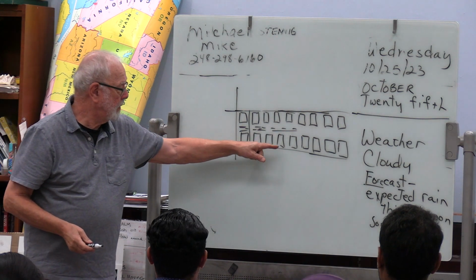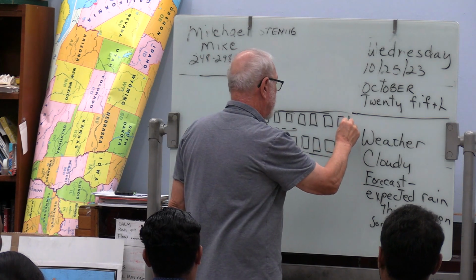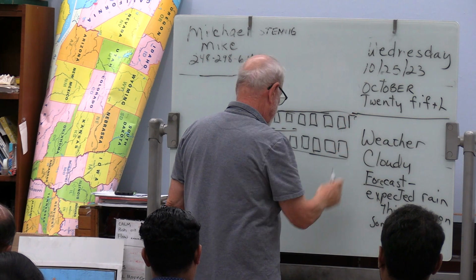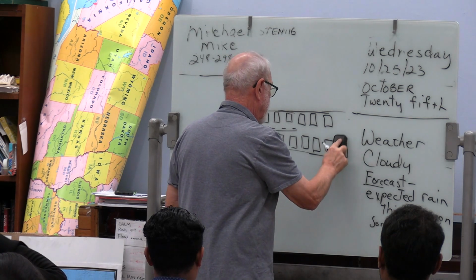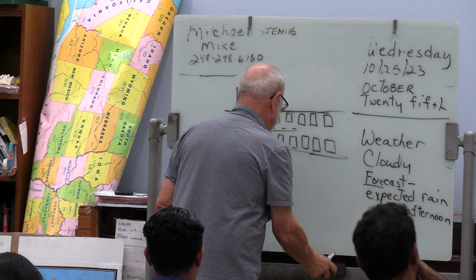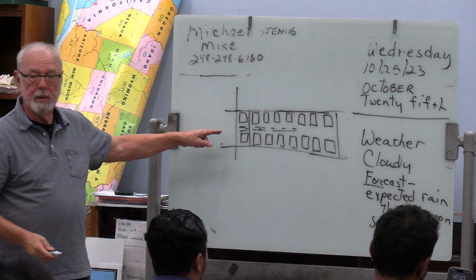One, two, three, four, five, six, seven, eight, nine. This is about 1 acre.